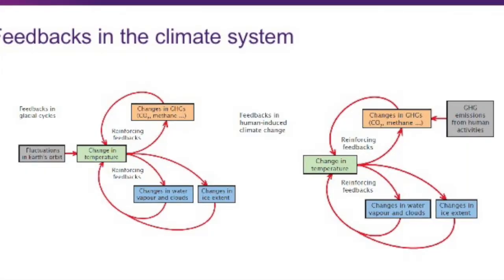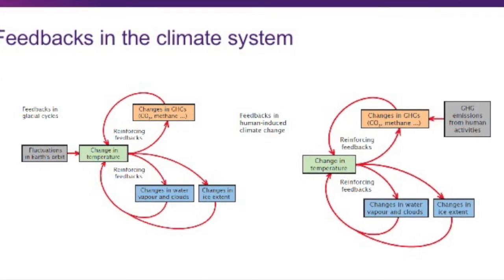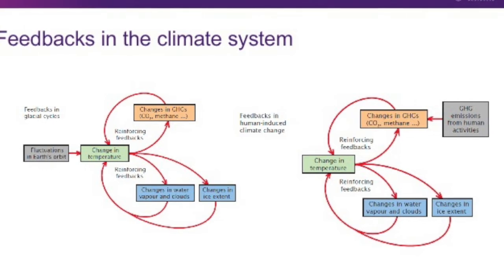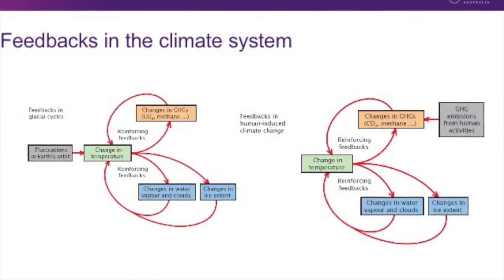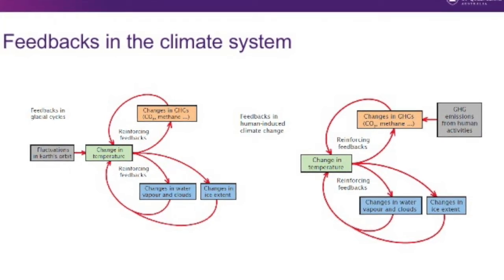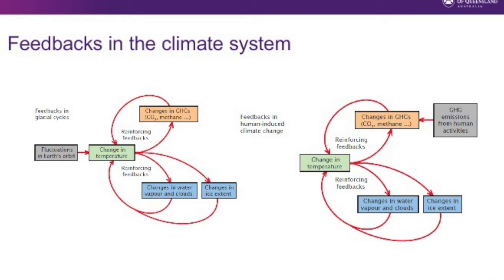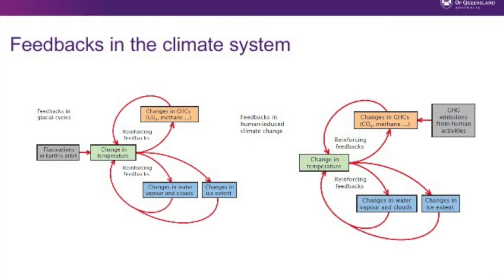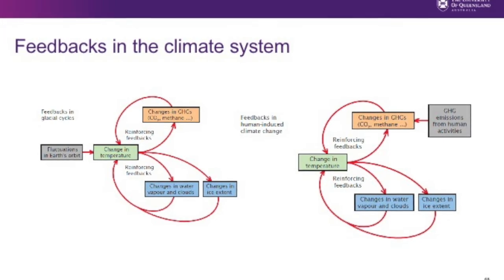So these are the figures that we were talking about. On the left side, we're talking about the feedbacks in glacial cycles. And on the second figure, we're talking about feedbacks in human-induced climate change due to the introduction of greenhouse gas emissions from human activities, and how this will change these dynamics, right?